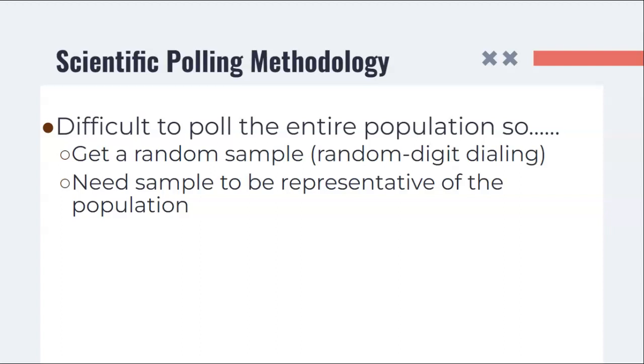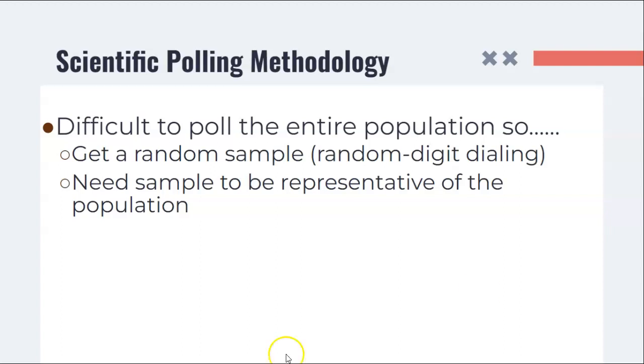So if our population is 60% women and 35% men and 5% non-binary, when we conduct a poll, we want to make sure that our poll has about 60% women and 35% men, and 5% non-binary, to make sure that it is in fact representative. The best way to get that representative sample is typically through the use of random sampling. Not always 100% effective, but again, it is one of the best methods that we can use to ensure that.